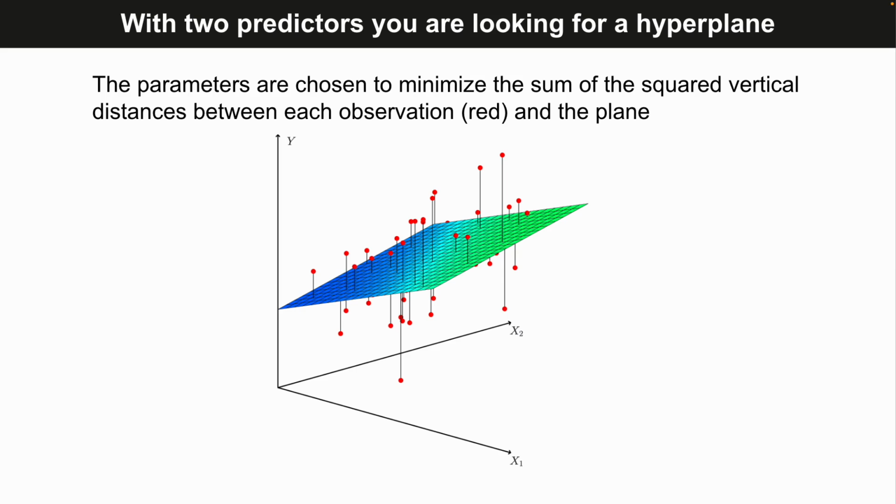Your x1 and x2 are your 2D plane. Your hyperplane can be like this, or like this, or like this. Consider the value on that hyperplane for a corresponding x1 and x2. You want to minimize the distance of the yi's correspondingly, similar to what you were doing in simple linear regression, except that now you are in higher dimensions. Right? So this is your planar surface.